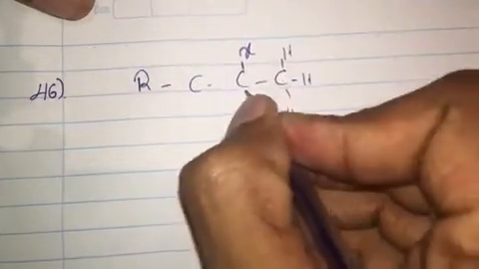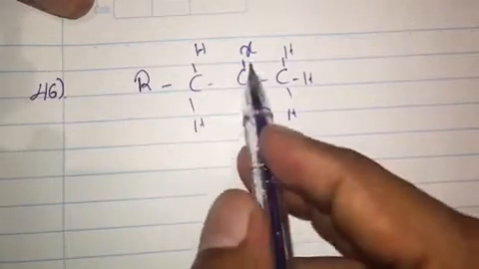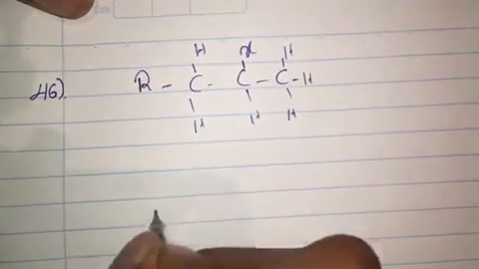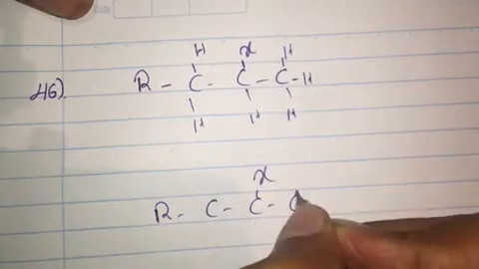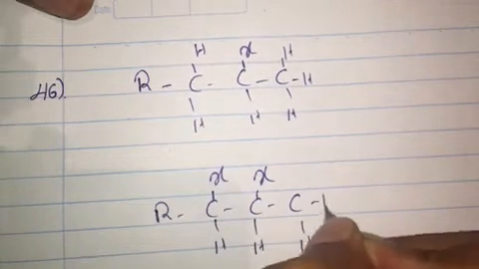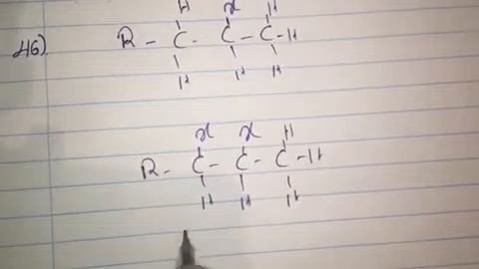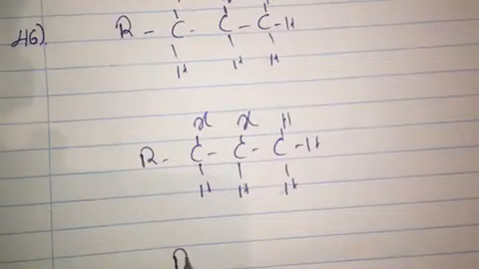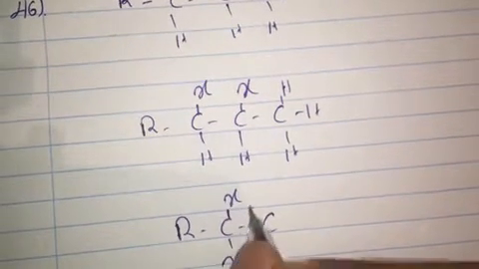This molecule is called an alkyl halide. This one has one halogen group. I get this molecule, which has two halogen groups. Sometimes two halogen groups can be attached to one carbon atom.